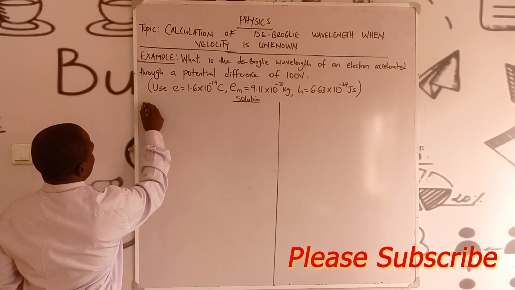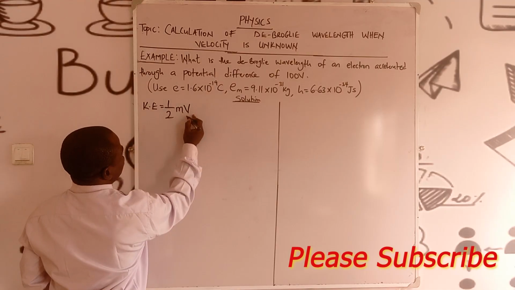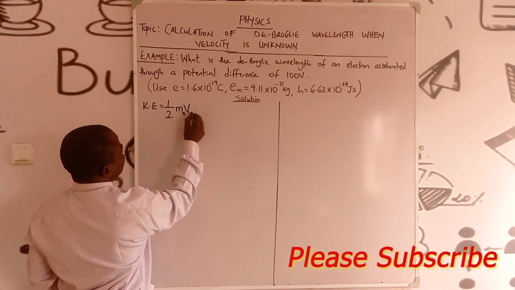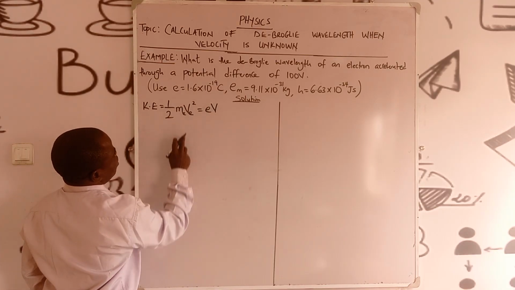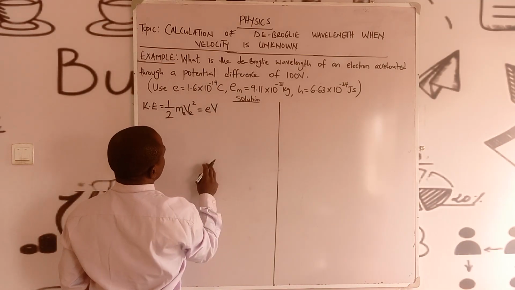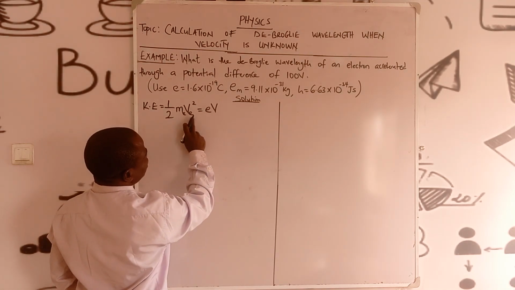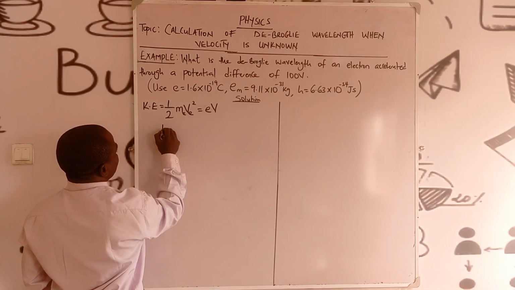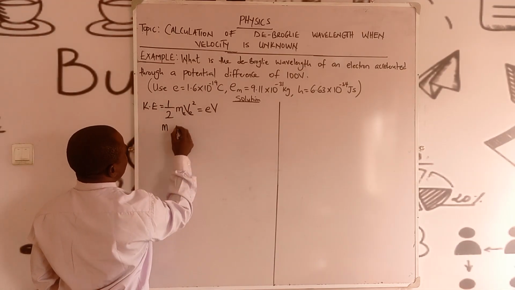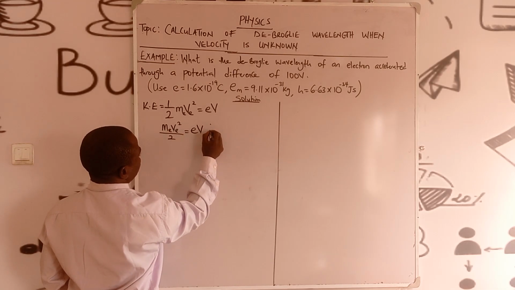Now, when you have that, your kinetic energy will be equal to half m v squared: the mass of the electron, the velocity of the electron squared, equals the electron volts. We are given the electron charge and we are given the potential difference. What we don't have here is the velocity of the electron. So we write m_e v_e squared over 2 equals eV.